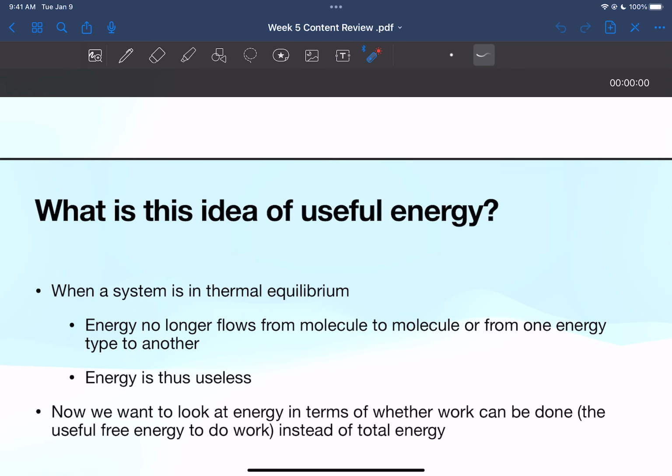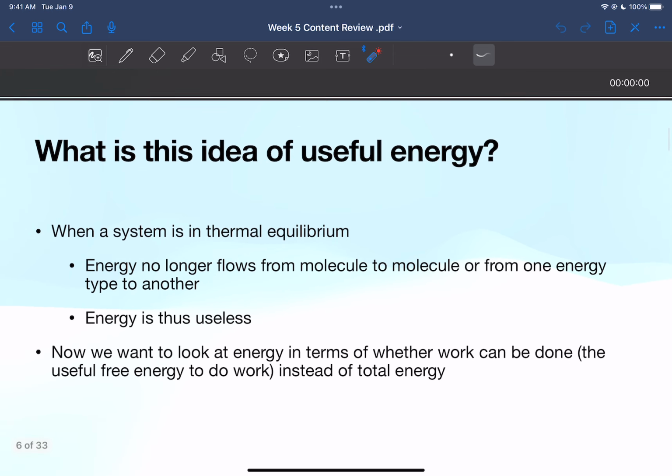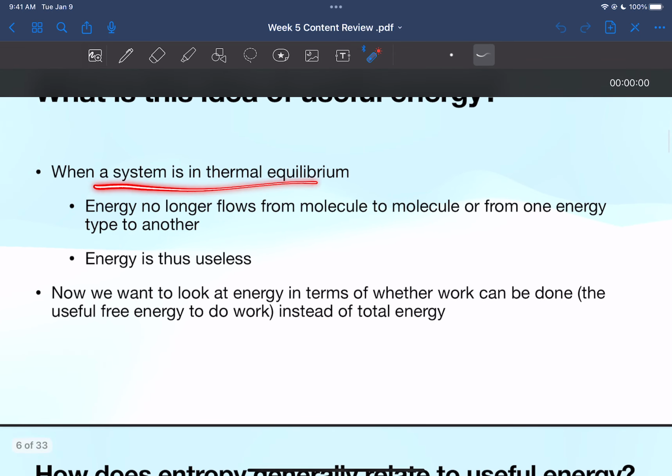Now in the readings, they bring up this concept of useful versus non-useful energy. So what is this idea of useful energy? When a system is in fully thermal equilibrium, we said that if you had two systems that weren't in thermal equilibrium, then energy would flow between them until they achieved that equilibrium.